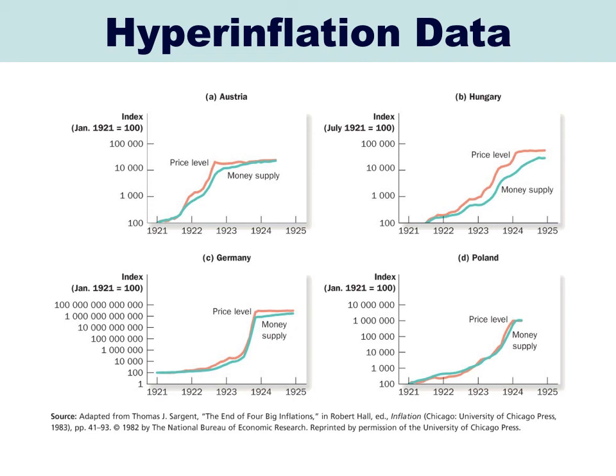And then about halfway through 1922, they started firing up those printing presses. And they fired them up so much that the price level went from 100 all the way up to 1 with 12 zeros. That's 1 trillion. So something that cost me $100 in 1922, 2 years later in 1924, would cost me $1 trillion.